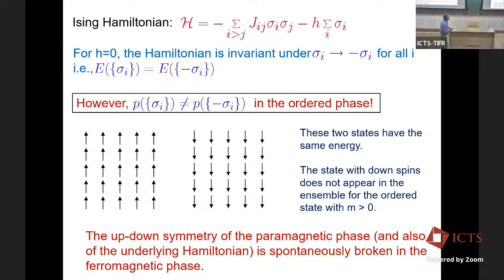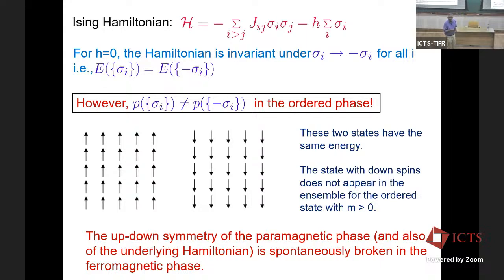So this is what I'm trying to say here. If we look at, let's say, the ordered state where all the spins are up, that basically means sigma is equal to +1. And the other state where all the spins are down, sigma is -1 for all the spins. These two states have the same energy, according to the Hamiltonian, when H is equal to 0. But to get a non-zero magnetization, you cannot have P of sigma i equal to P of minus sigma i, because then, by definition, you will have the average of sigma i equal to 0.